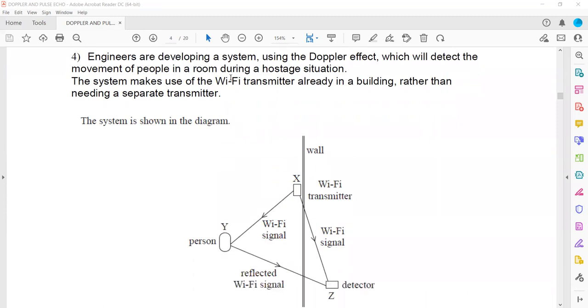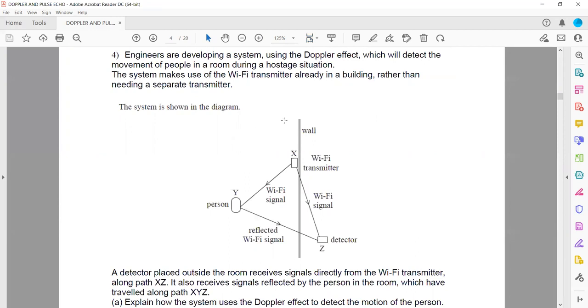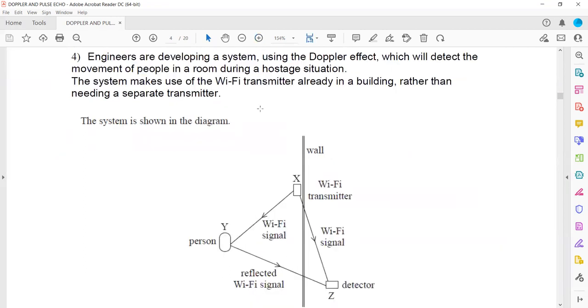So engineers are developing a system using the Doppler effect, which will detect the movement of people in a room during a hostage situation. The system makes use of a Wi-Fi transmitter already in the building rather than needing a separate transmitter.